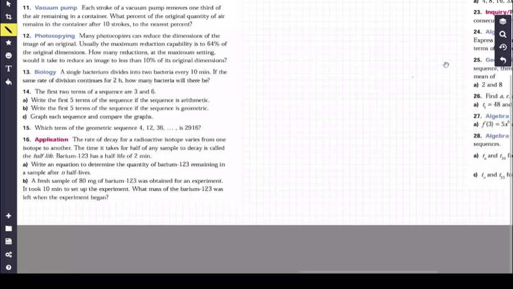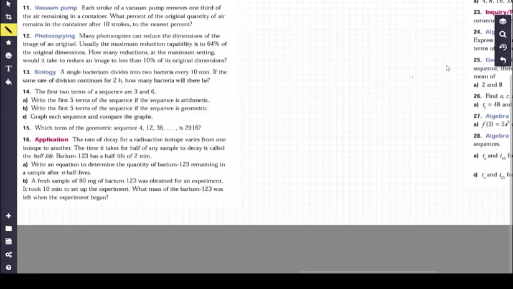Barium 123, which is an isotope, has a half-life of 2 minutes. So essentially, for every 2 minutes, it goes down by half. Originally, if I had 100%, after 2 minutes 50%, then 25%. Very straightforward.